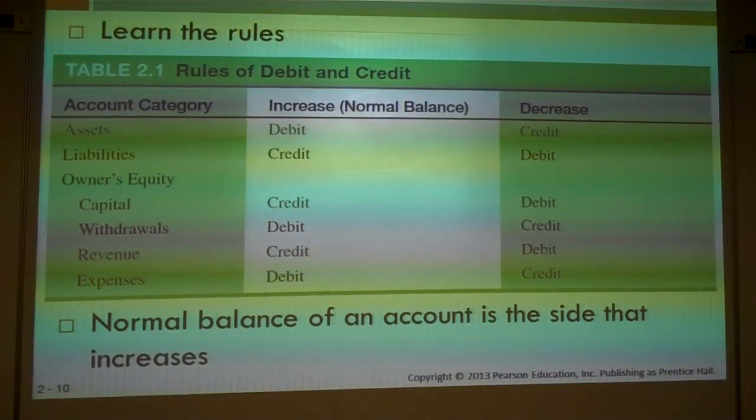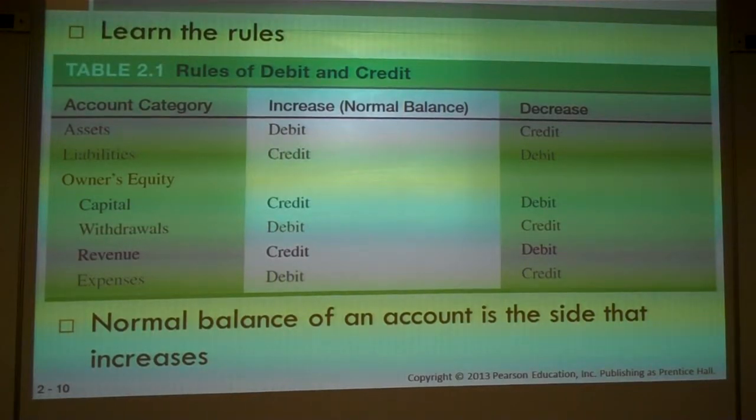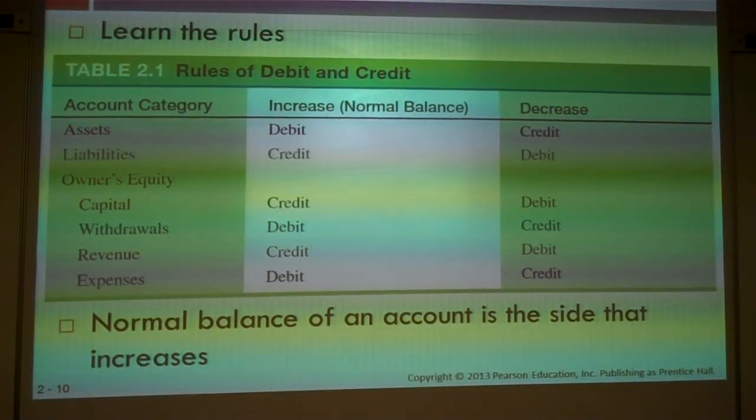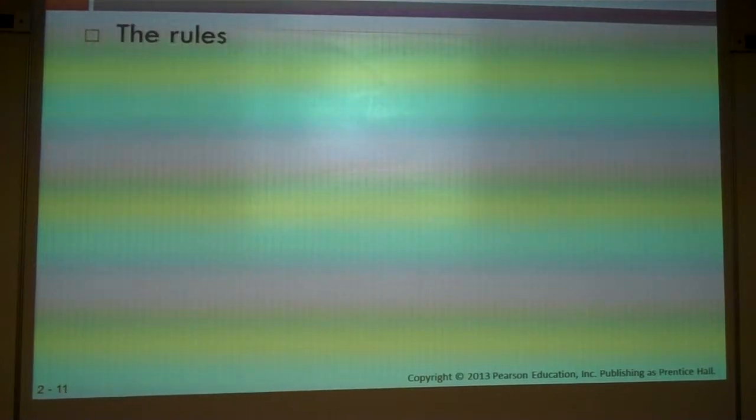So what do we need to know for our accounts? Where the normal balance is. That's what we need to know. We already mastered whether it was an increase or a decrease in chapter 1. We looked at the transactions and we said whether it increased or whether it decreased. This is in your book, table 2.1. And you can use that as you do your homework for chapter 2.